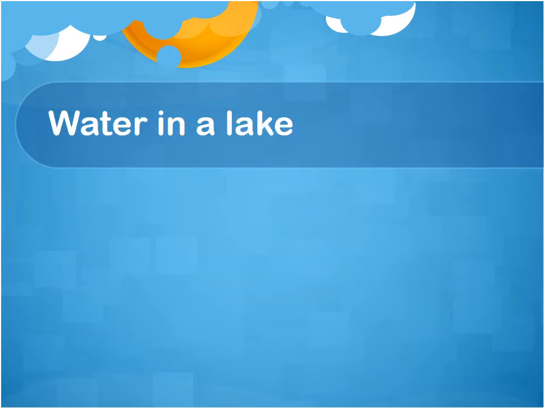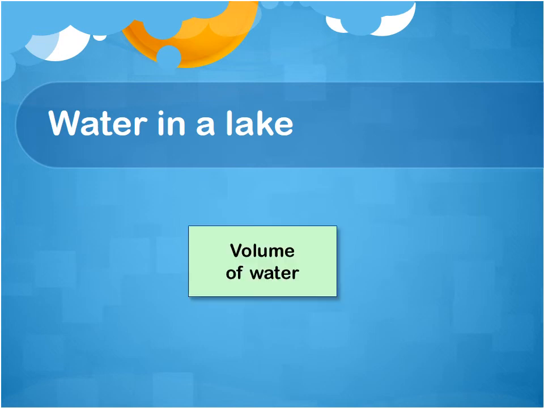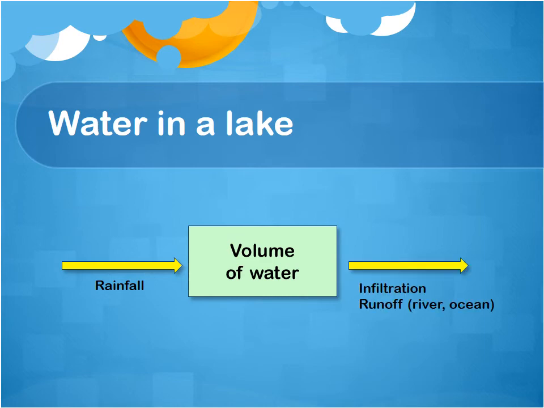If you look at water in a lake, it's the same reasoning. The quantity you're likely to look for is the volume of water in that lake. And that's affected by inputs, and primarily those are going to be rainfall. There might be other inputs as well, and there'll be outputs like infiltration through the ground.